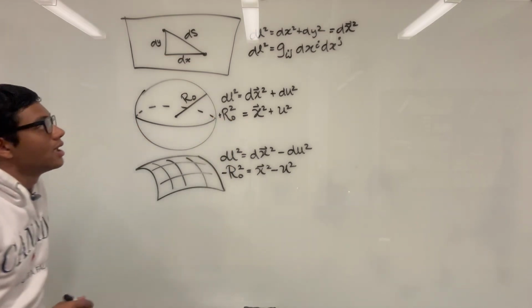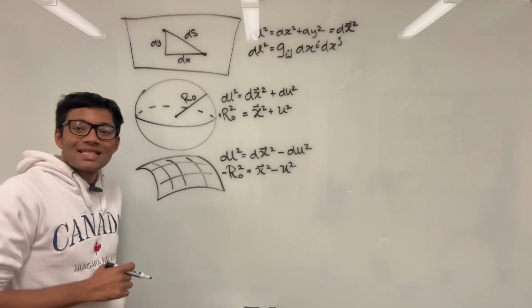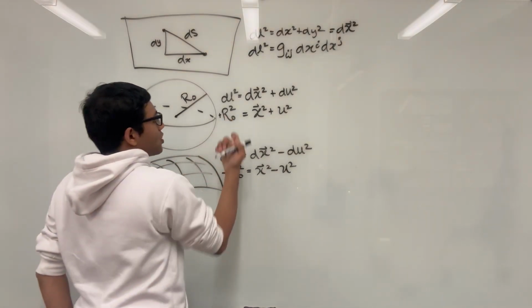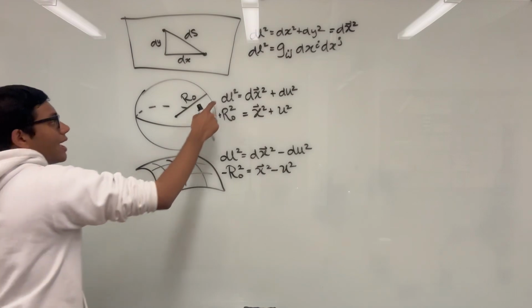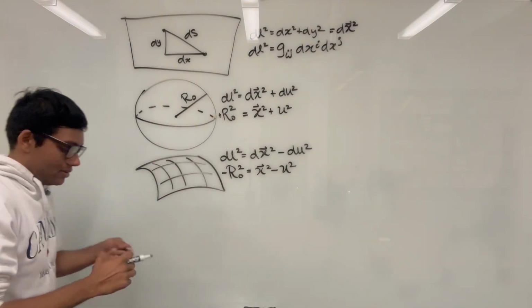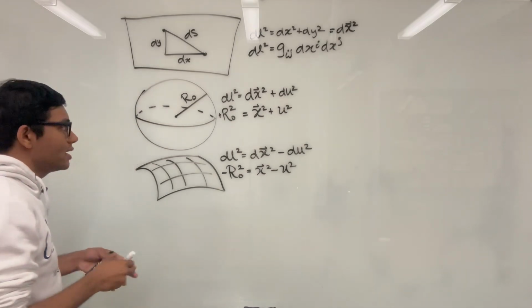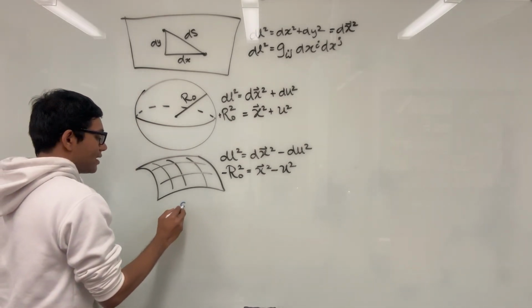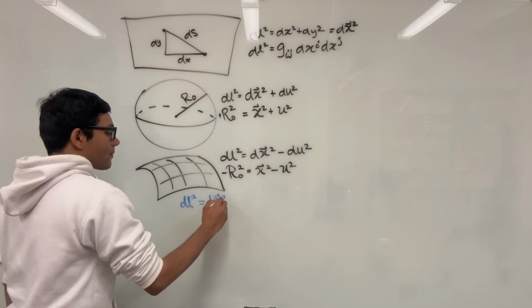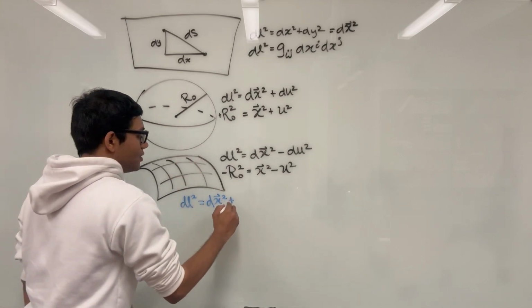Okay, great. So now what I'm going to do is combine all of these three geometries into a single geometry. So I'm going to first combine my lengths dl squared as follows. I can write that in general, for any three of these geometries, I can say that dl squared is equal to dx squared plus minus du squared.